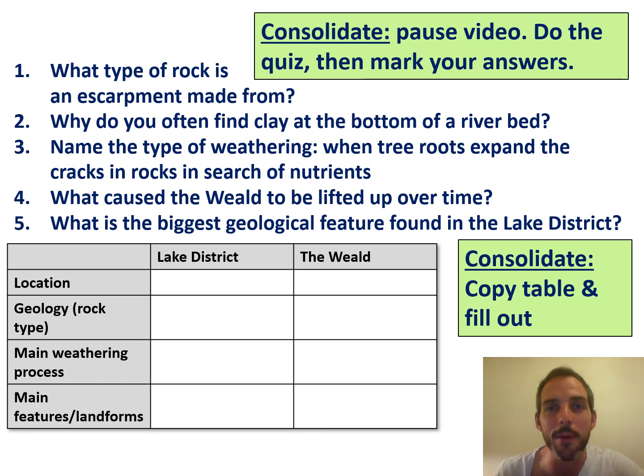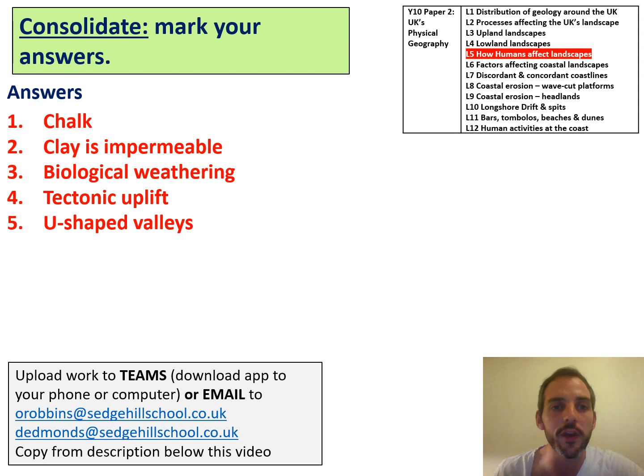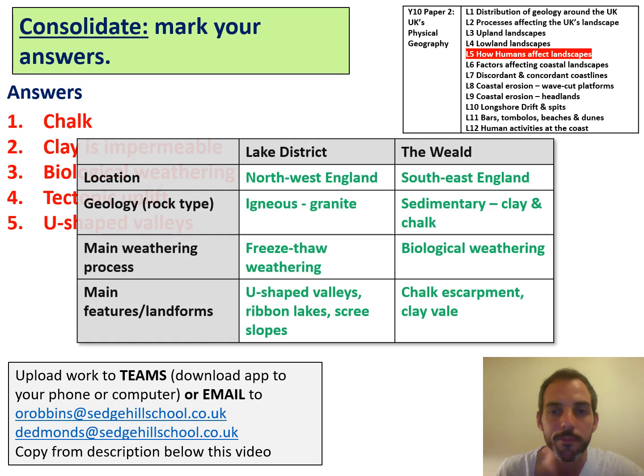And then I'll show you the correct answers in a moment. Okay, answers here. Number 1, chalk. Clay is impermeable. Number 2. 3, biological weathering. 4, tectonic uplift. And 5, U-shaped valleys. Now the table, please green pen your responses here.